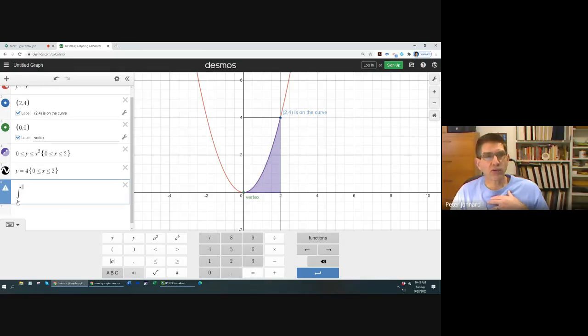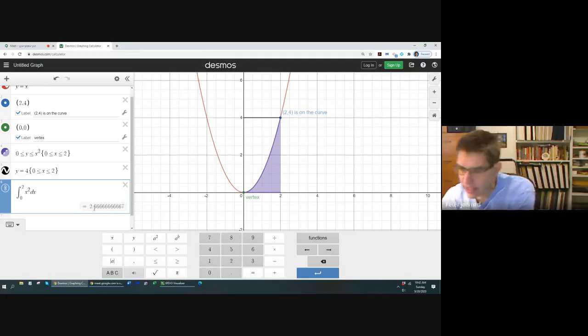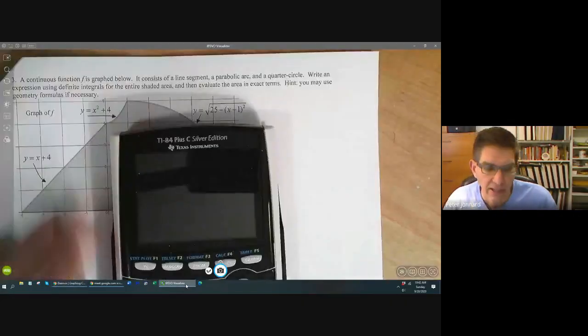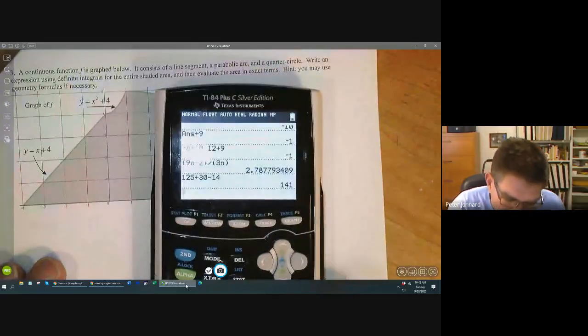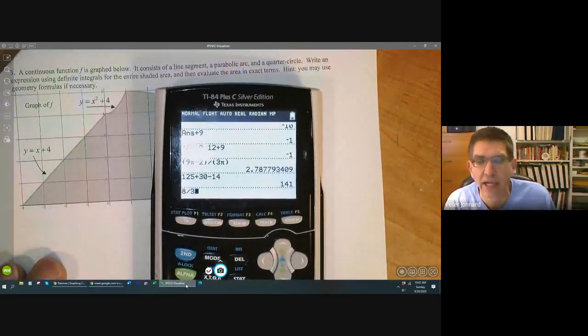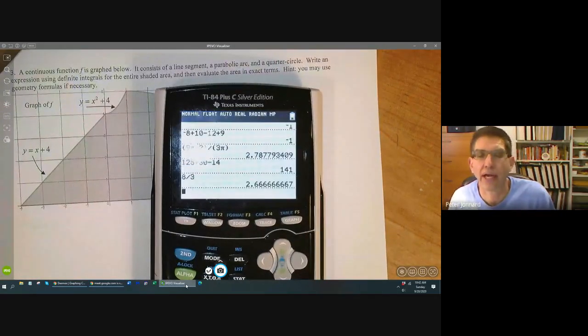If I integrate this curve going from 0 to 2 of x squared dx, whoops, I want the dx to be there. If I do that, you'll notice I get 2 2/3. And check that out. That is indeed the area that you would get if you did 8 divided by 3, the area of the rectangle, 8/3, 2 2/3.